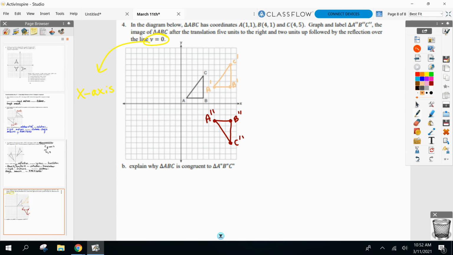So here we go, explaining it in your own words. Please use the same format we've been using on the last 3 problems when you filled in the blanks. So first you tell me what you did. So we did a translation and reflections are rigid motions.